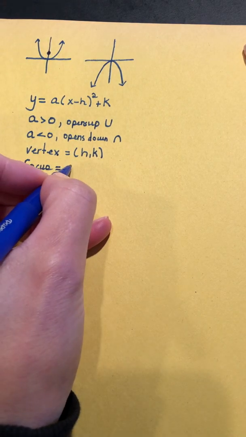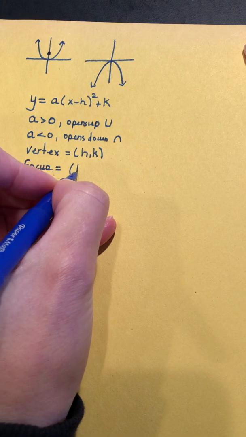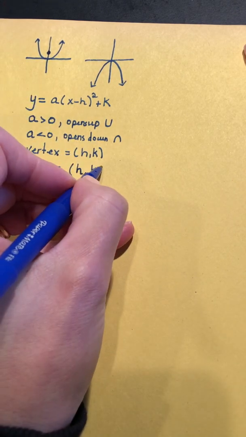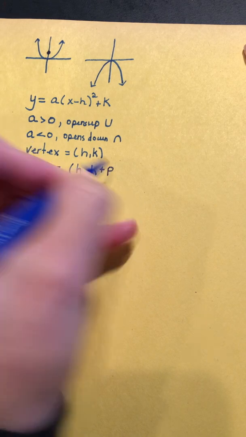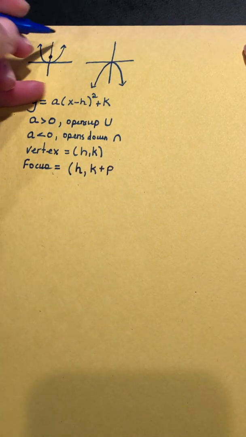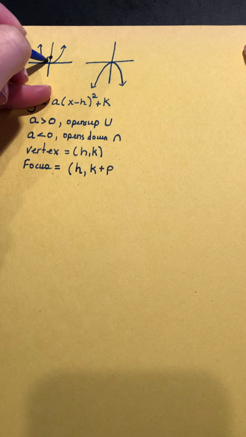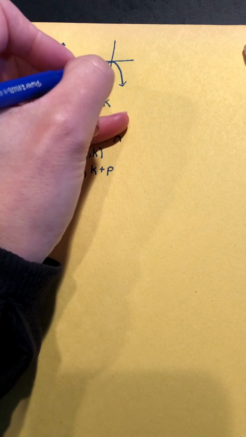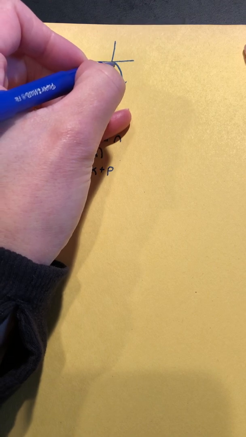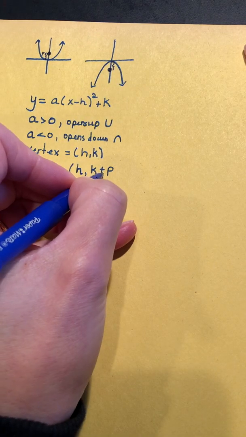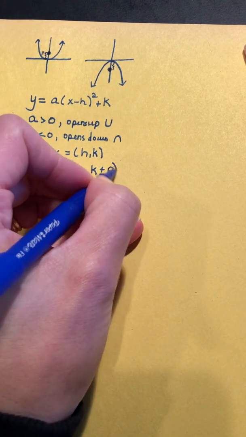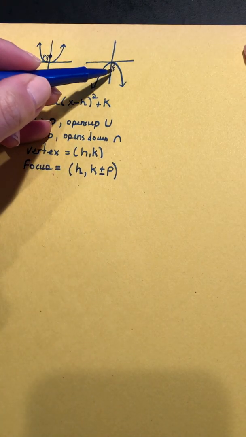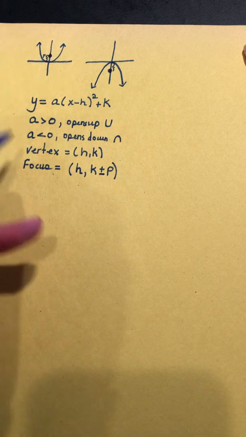So the focus point is (h, k plus p) if it's opening up, because p is going to be this distance here, and you're going to do minus p if it opens down. So I'm going to write plus or minus p.